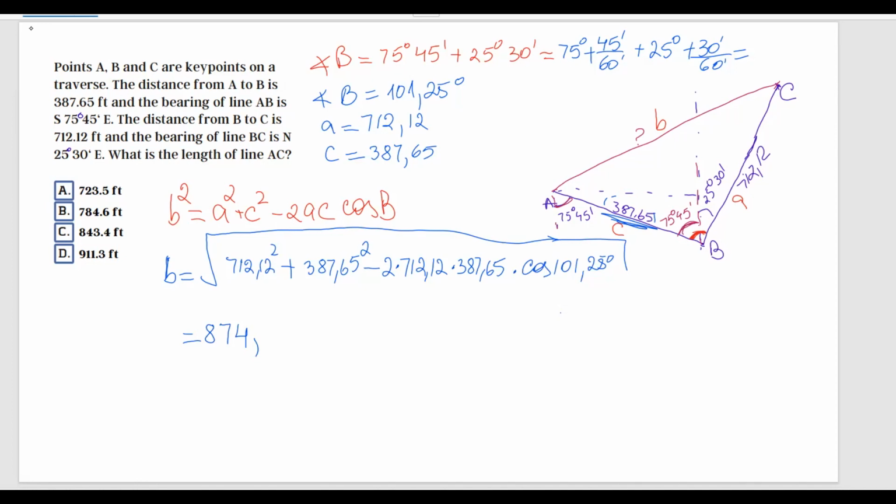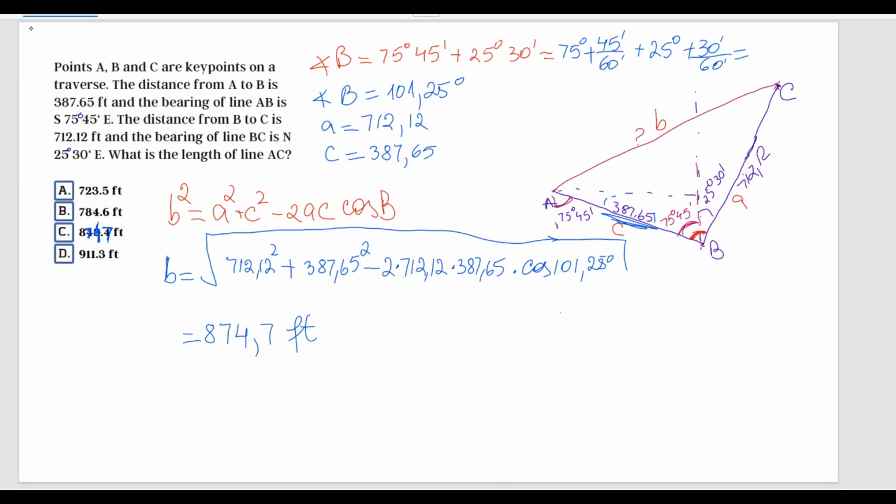I do get 874.7 feet, and I guess this is supposed to be 874.7. There's a mistake there.